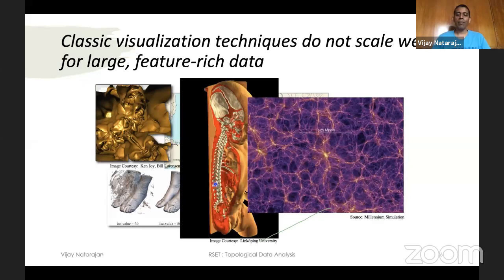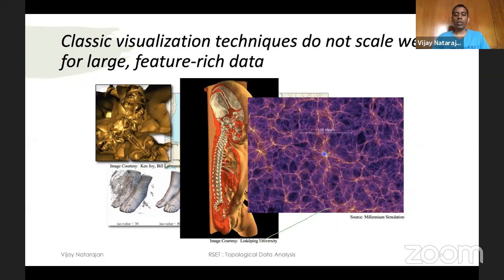The data can become really, really complicated, so that you may not even be able to see through. There are so many features. For example, in this, what is called the Millennium simulation. This is a simulation of the entire universe. What you see in these golden colors are the galaxy clusters. So these are clusters where all our galaxies sit.